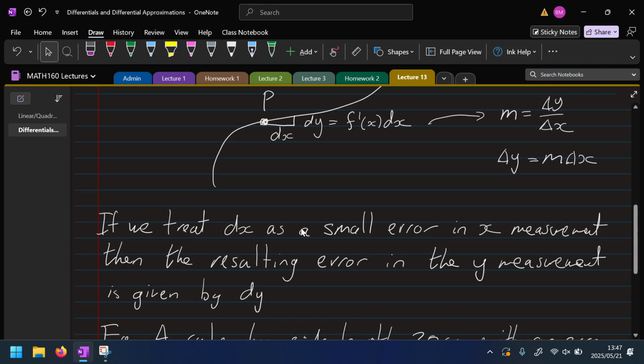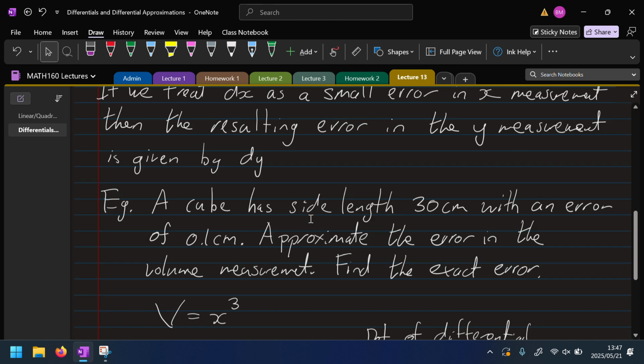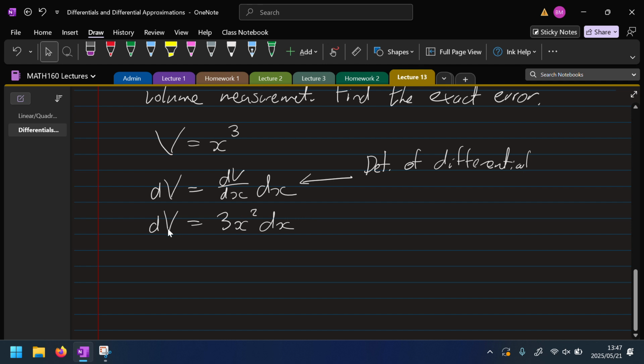Now we're going to do what we said here. We're going to treat dx as a small error in x, and then the resulting error, that's dy. In this case, it will be dV. So this dV, we're going to treat as the error in V, so that will be delta V. From your experiments, the error is delta x and so on.